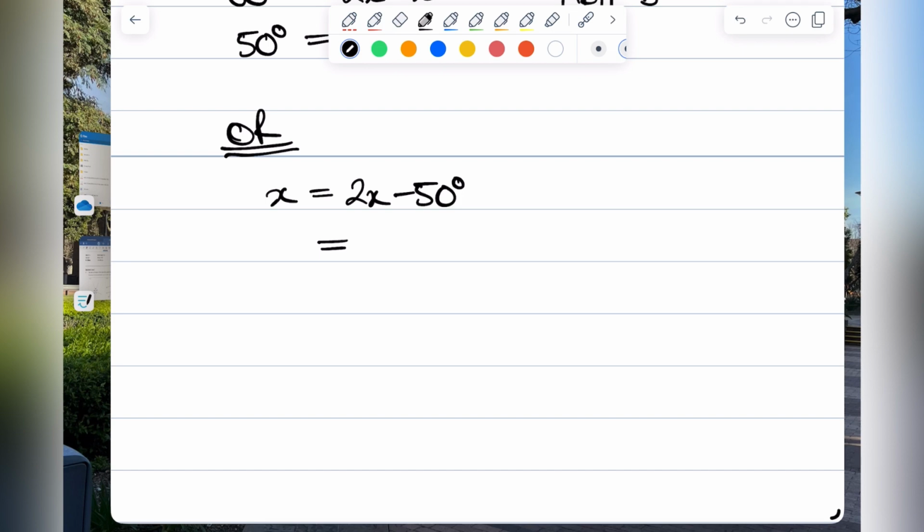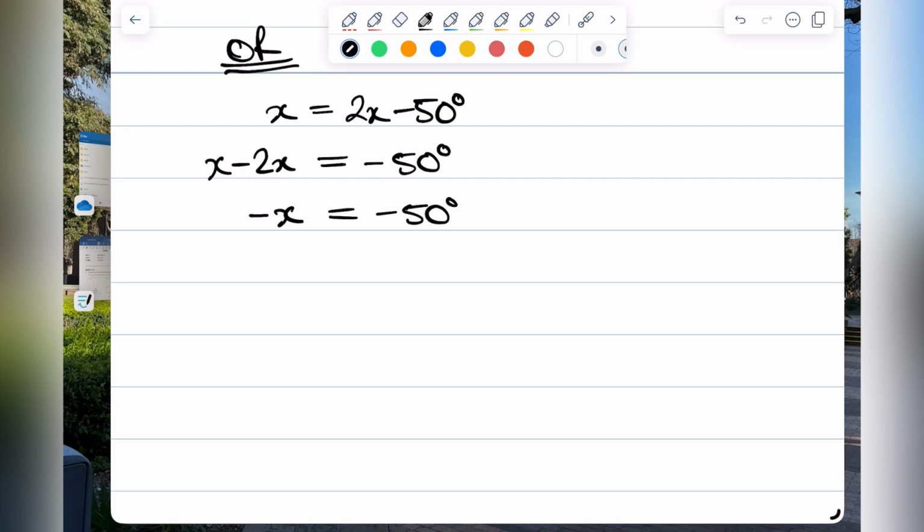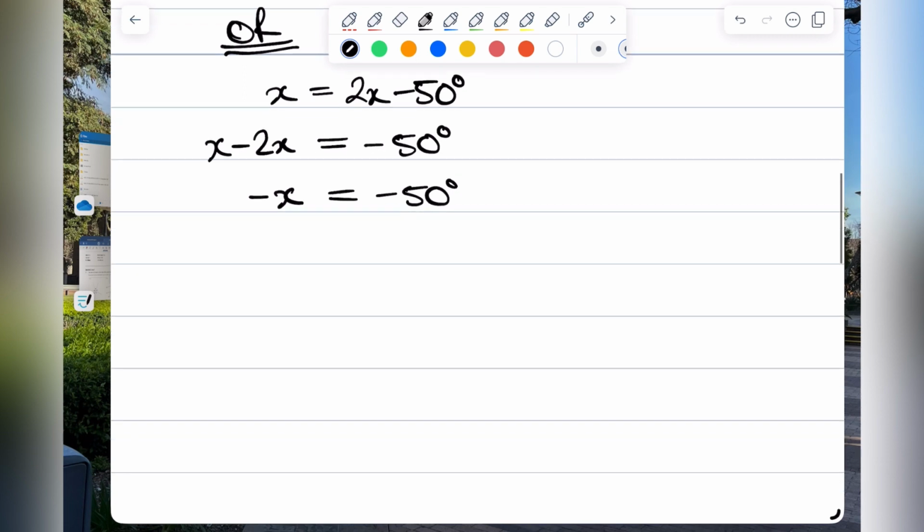So that will leave me with x minus 2x on the left, and I'll be left with negative 50 degrees on the right. Then, of course, x minus 2x, which is 1 minus 2, gives me negative 1x, negative x, and that will be equal to negative 50 degrees. And, of course, our angles cannot be negative, so we are going to divide both sides by minus 1.